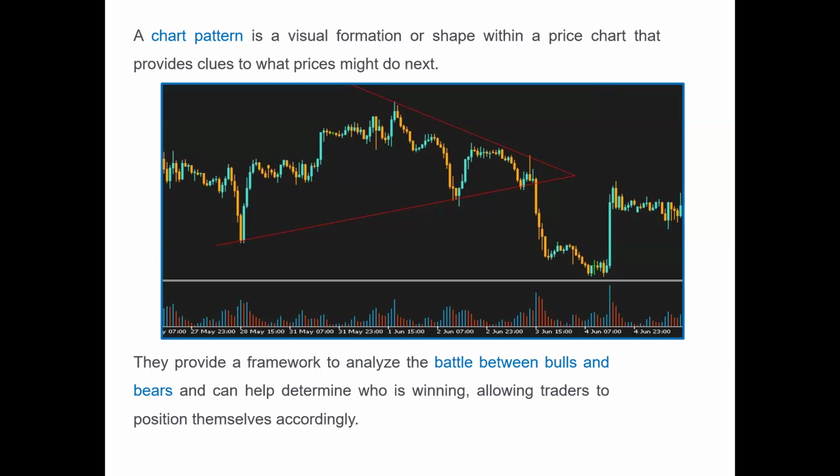So we say that these chart patterns can provide a framework for us to analyze the battle between the bulls and the bears, that is, to know who is winning, whether it's the bulls so that the price can go bullish, or whether it's the bears so that the market can go bearish. And this can allow traders to position themselves.